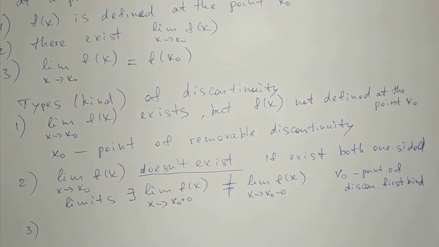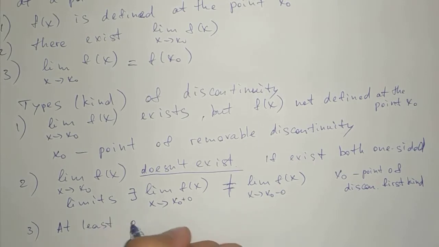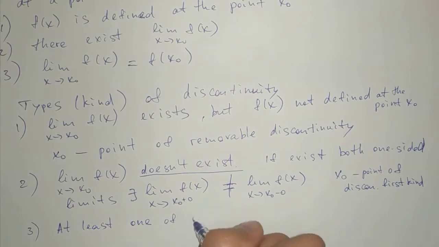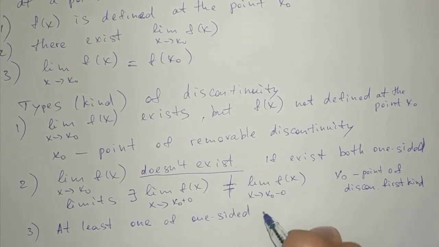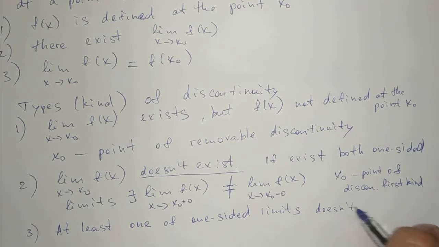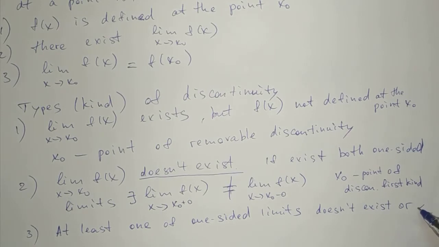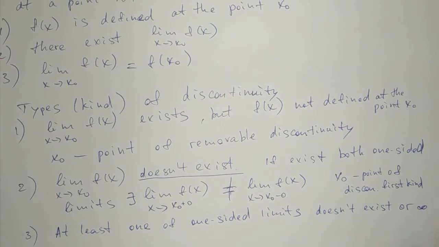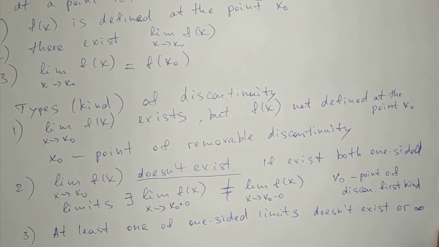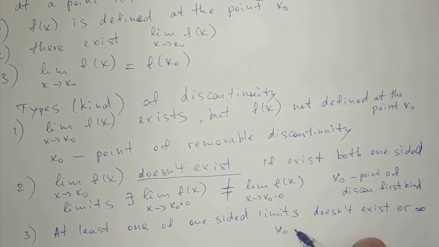So this is the third type: if at least one of the one-sided limits doesn't exist or is equal to infinity, we call x0 a point of discontinuity of the second kind.